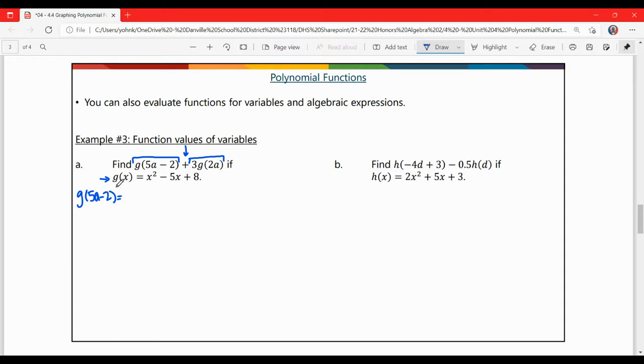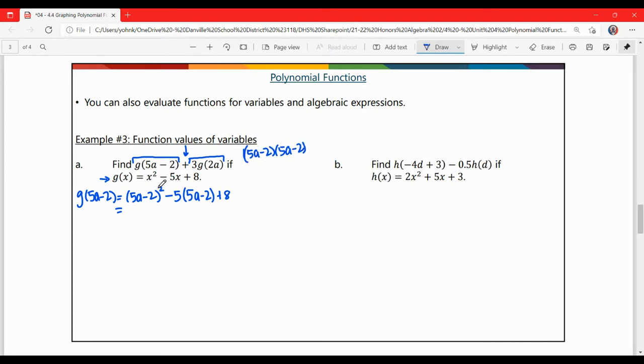So that means to go to the g function, and wherever I have an x, I'm going to replace it with 5a minus 2. So I have 5a minus 2 quantity squared minus 5 times 5a minus 2 plus 8. And now we've got to figure out what this equals. Now 5a minus 2 squared, remember, is like doing 5a minus 2 times 5a minus 2.